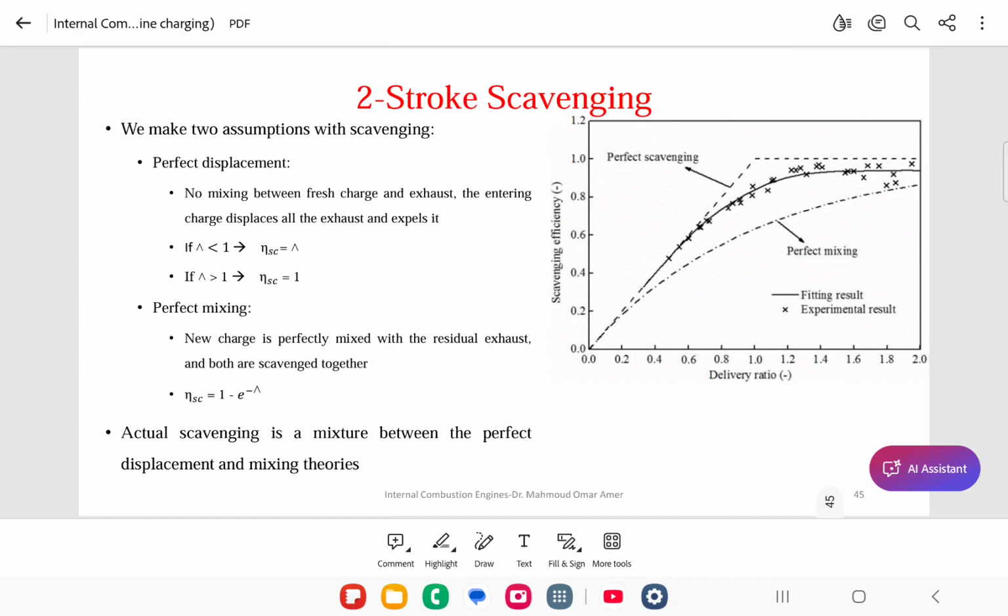The second brick takes the place of the first, and the first brick just gets out of the system. So we assume in the perfect displacement that there is no mixing between the pressure charge and the exhaust, and the pressure charge just pushes the exhaust outside.